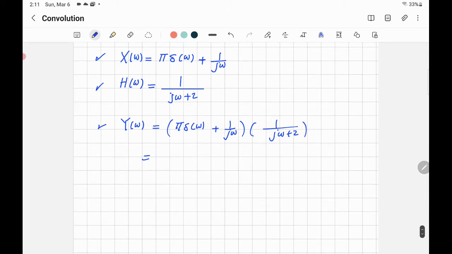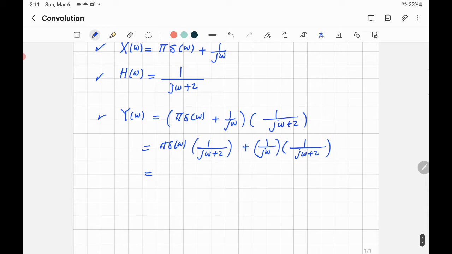Let's now multiply term by term. Pi delta omega times 1 over j omega plus 2. Second term, 1 over j omega multiplied by 1 over j omega plus 2.